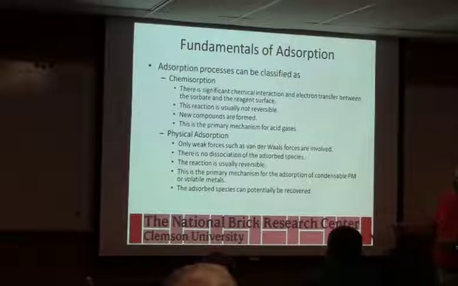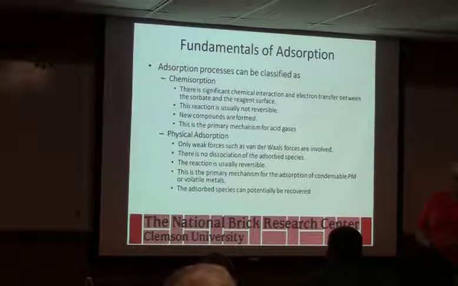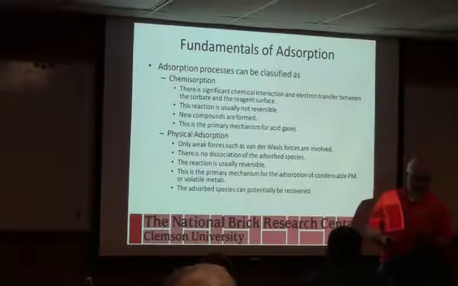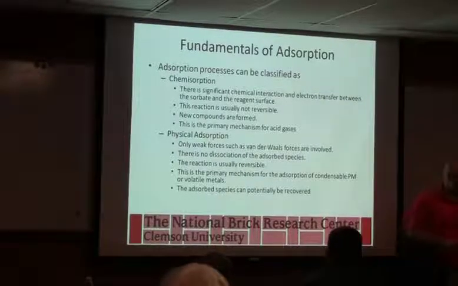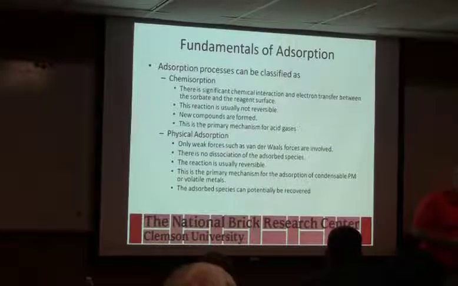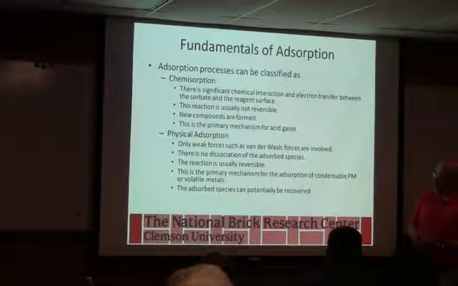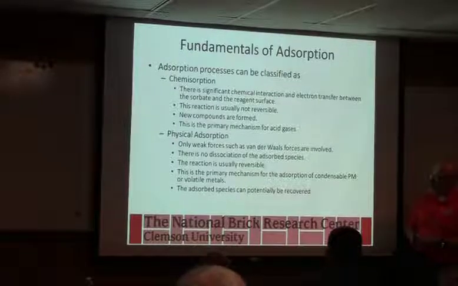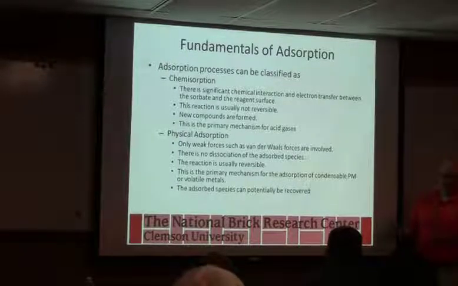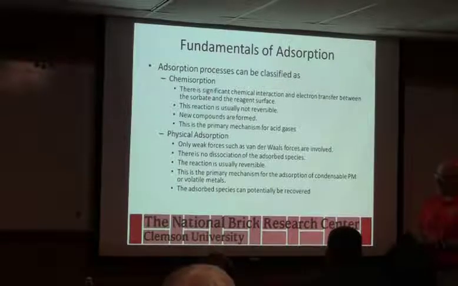The other way this comes into effect, if we do ever have to control mercury, is really high surface area carbon, activated carbon. You use it a lot for odor control and things. Seems like it will pick up some of it, but how do you introduce it in the system without burning it up? That's part of our problem we're trying to figure out.